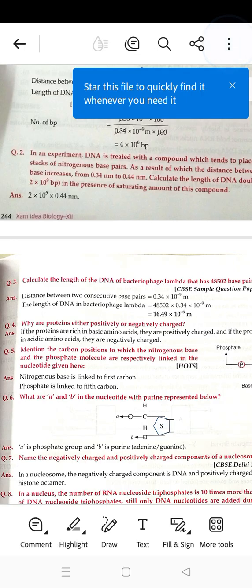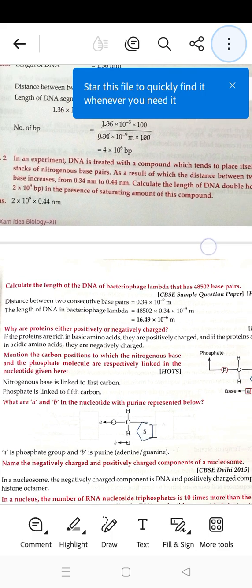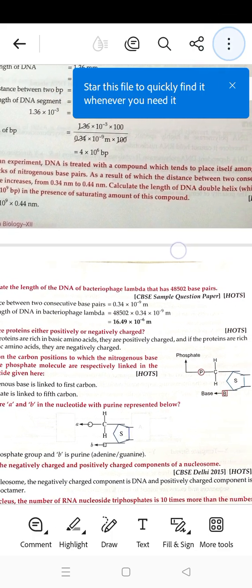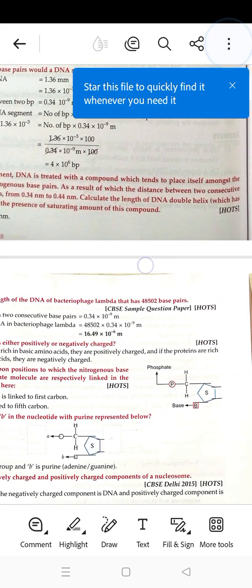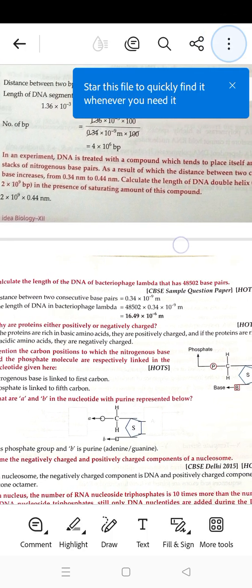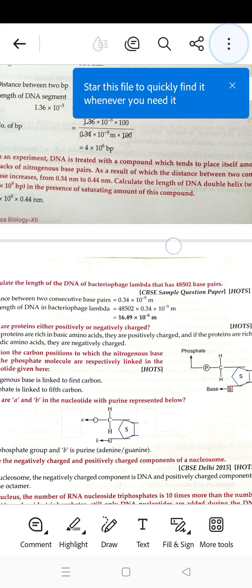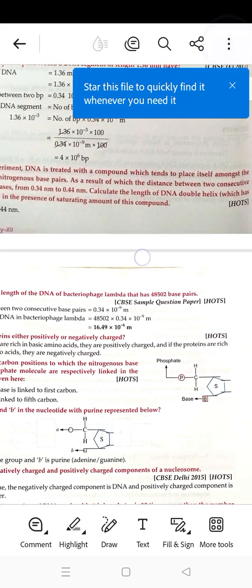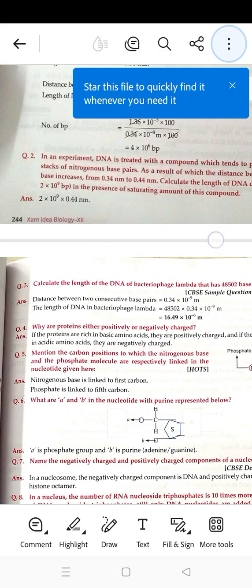Second question is the same, on the basis of this formula. In an experiment, DNA is treated with a compound which tends to place itself amongst the stack of nitrogenous base pairs, as a result of which the distance between two consecutive bases increases from 0.34 nanometer to 0.44 nanometer.